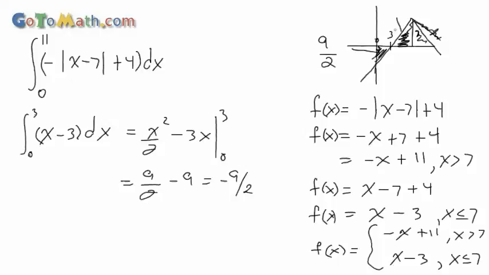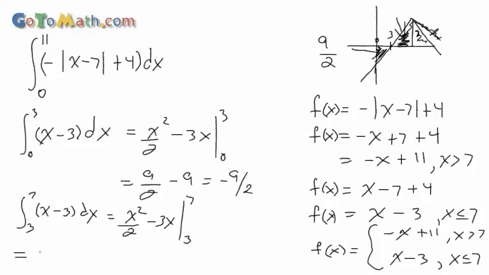Now, let's find that area. So this time we're going to be going from 3 as our lower limit to 7, right, of x minus 3 dx, and of course you get x squared over 2 minus 3x, same thing, except we're going from 3 to 7, and I'm going to go ahead and work that out right down here.